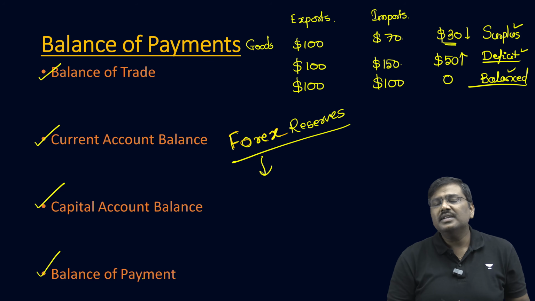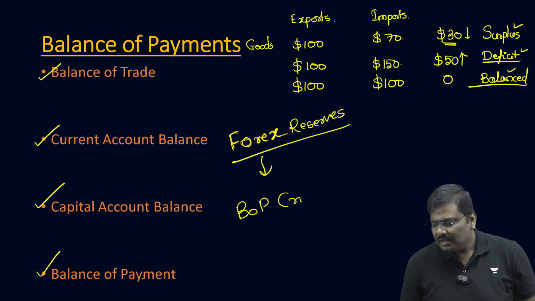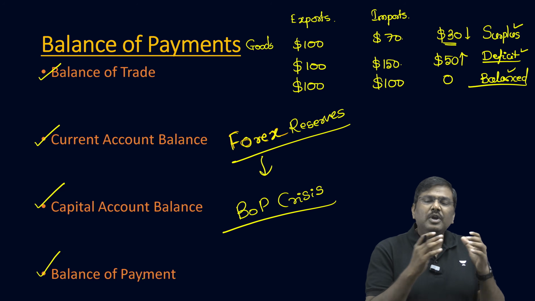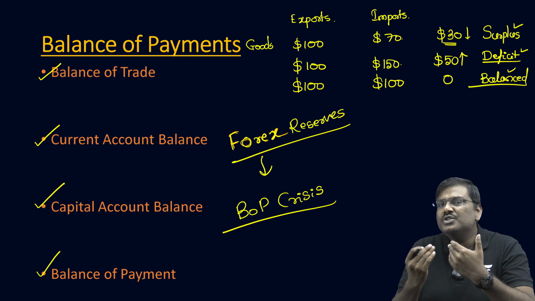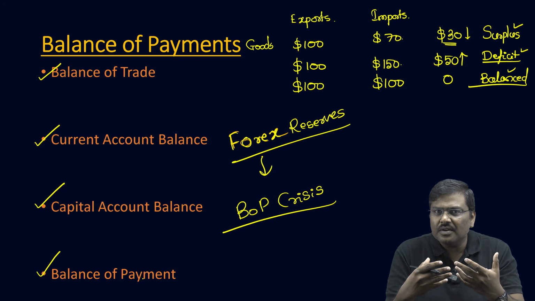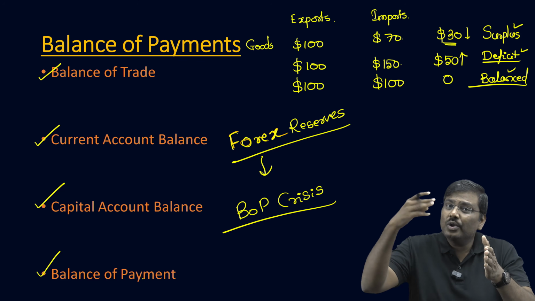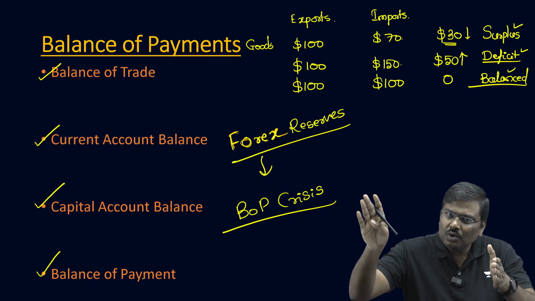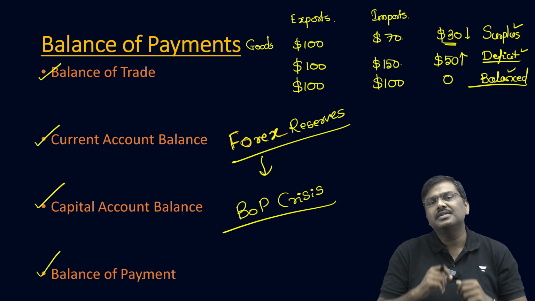Such a situation is called a BOP crisis. I hope you understand. Such a situation is referred to as balance of payment crisis. In essence, BOP crisis represents a situation where a country does not have sufficient forex reserves to pay to the rest of the world that the country actually is liable to, that the country actually owes to the rest of the world. That situation is called a BOP crisis.